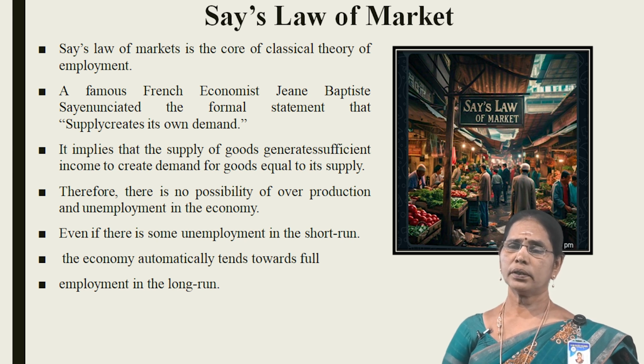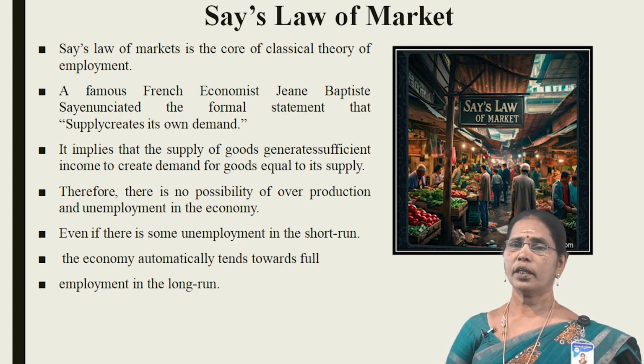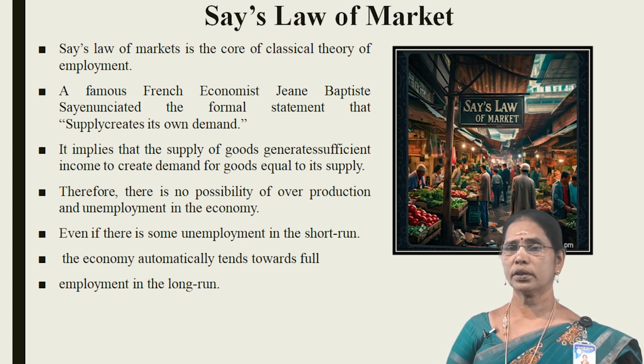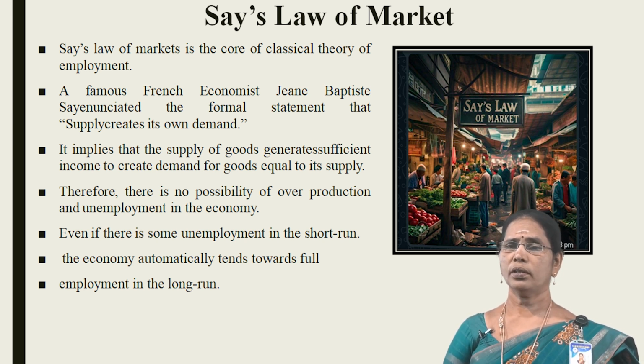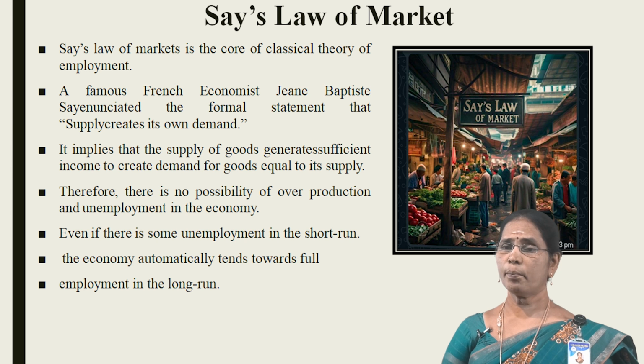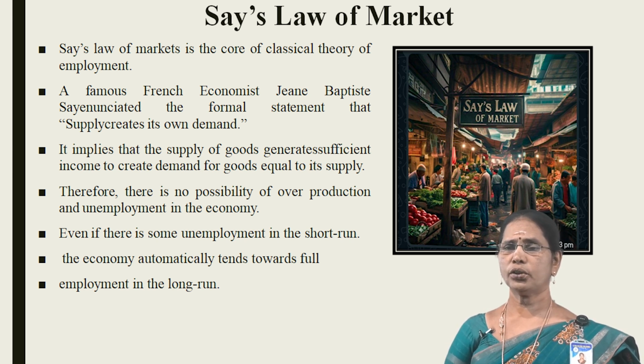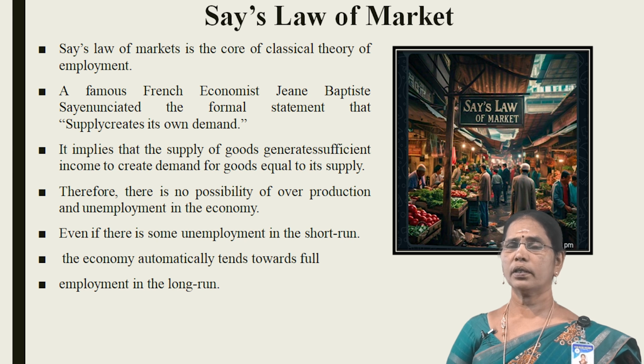It implies that the supply of goods generates sufficient income to create demand for goods equal to its supply. Therefore, there is no possibility of overproduction and unemployment in the economy. Even if there is some unemployment in the short run, the economy automatically tends towards full employment in the long run.